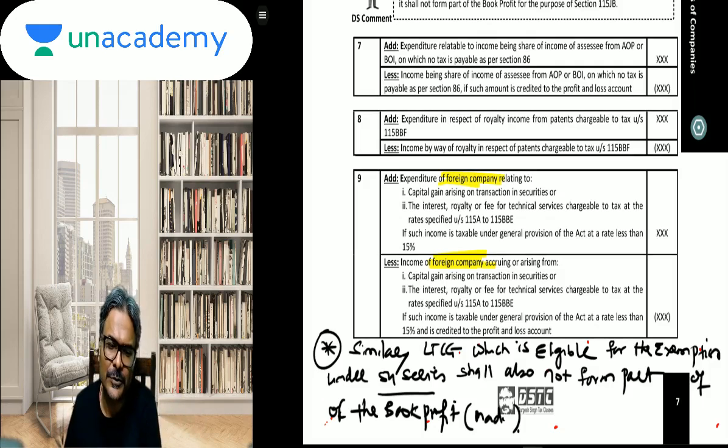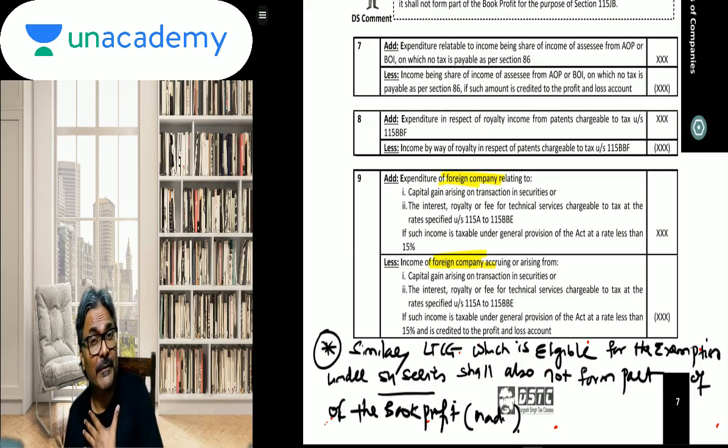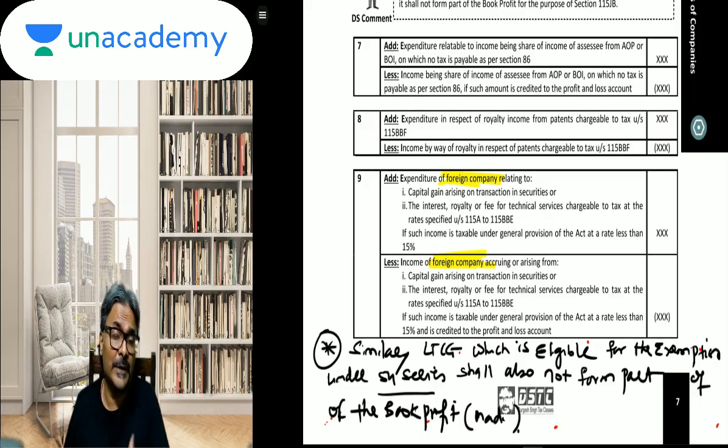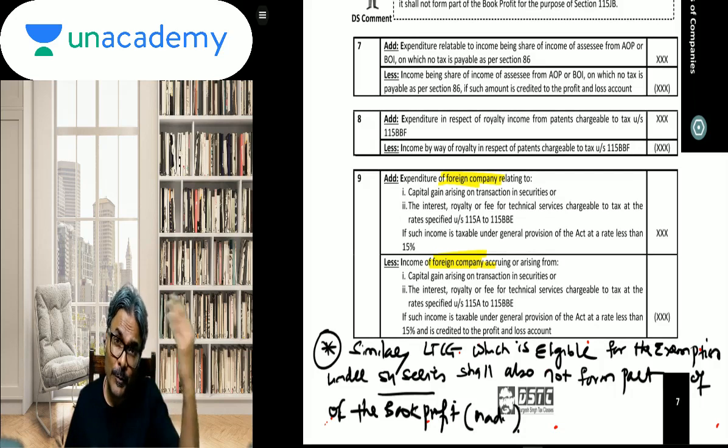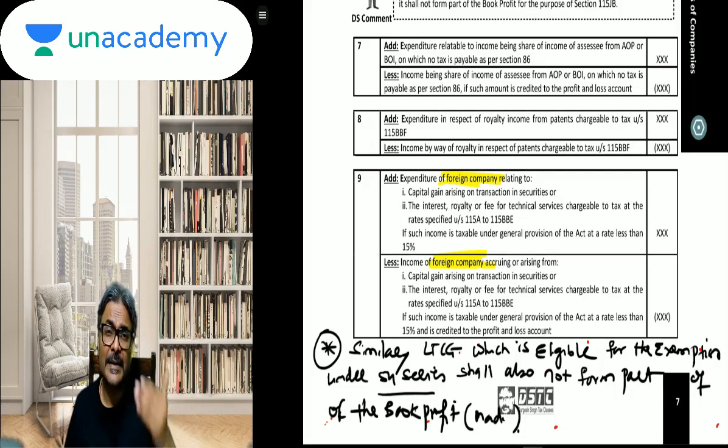They were in a position to exclude those particular incomes in computing the book profit. But the same thing, when it comes to the member of the AOP, where the AOP was taxed at MMR and the income received by the member is not to be considered in the total income, unfortunately, because it was under section 86, this was under the danger of being subject to MAT.